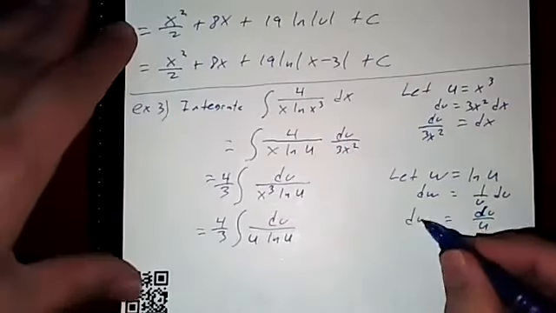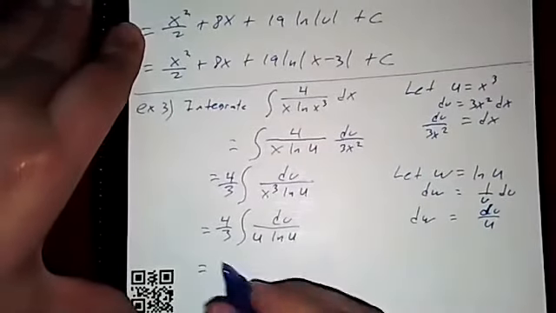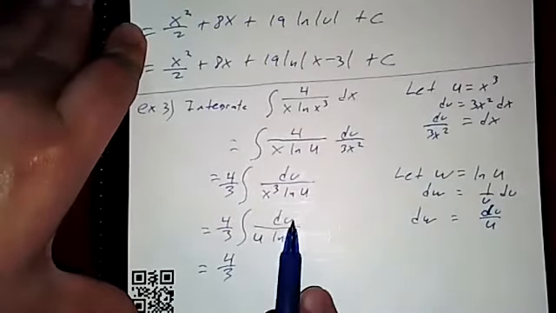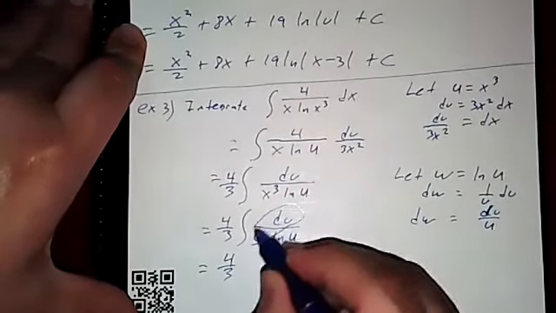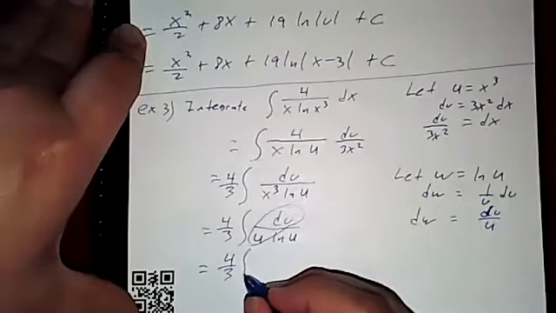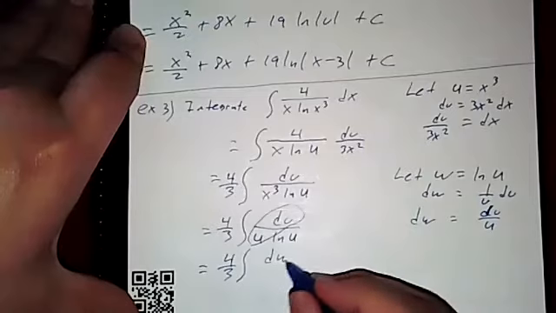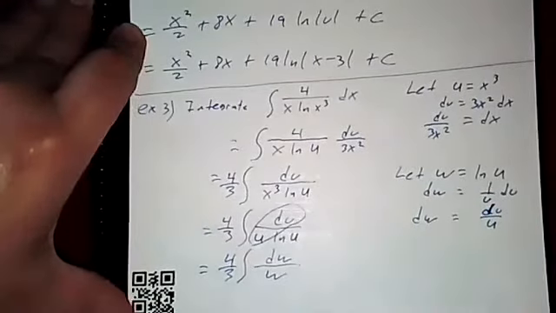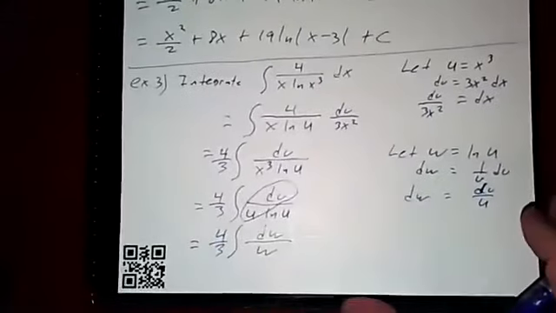I know that's weird, but just hear me out here. So du over u is right here. That is dw, isn't it? ln u we define as w. Now this is something we can integrate, isn't it?